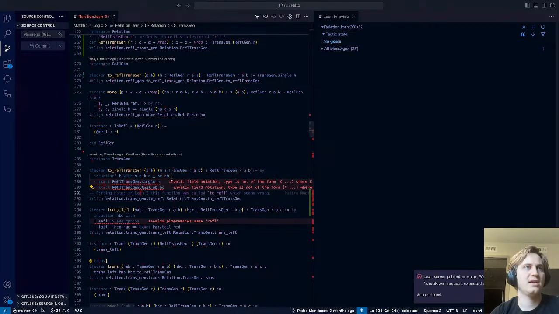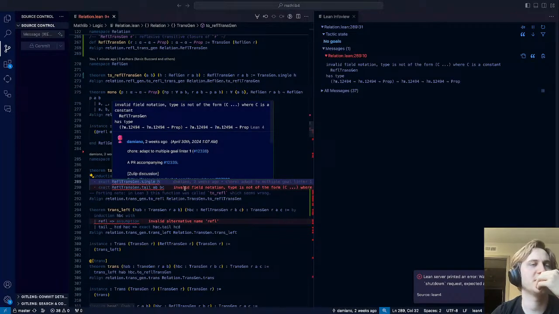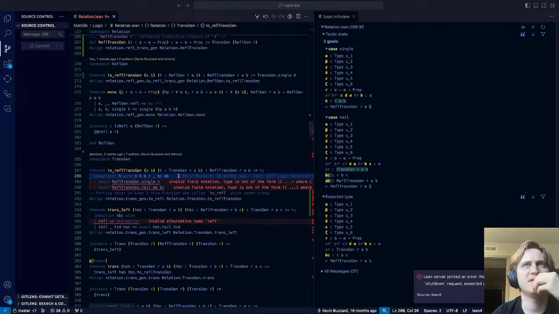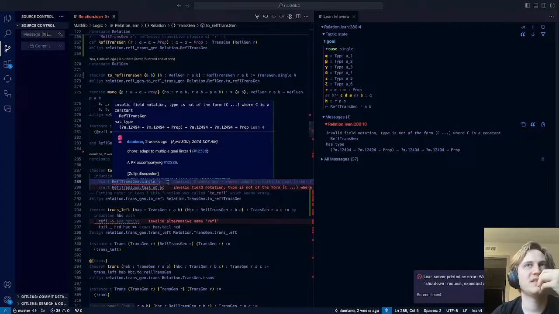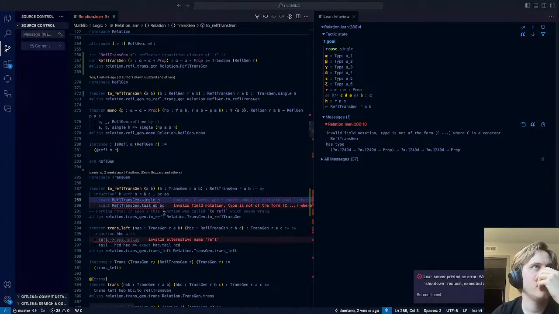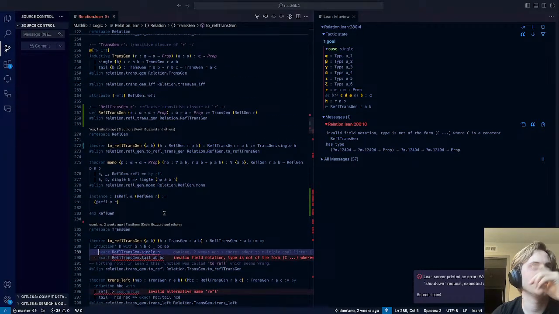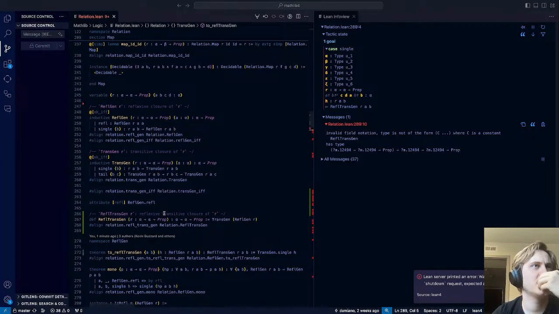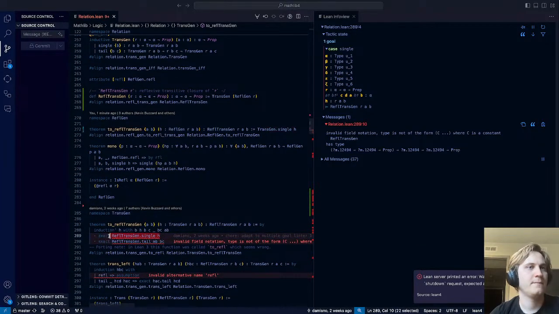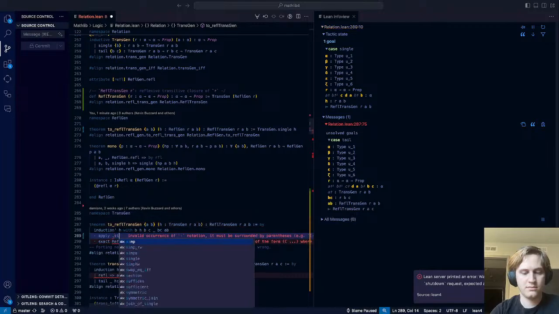More than anything, I just want to keep the same process that I already have. So all of this looks fine. The point is that from RAB, I want to be able to prove this. I now simply have to apply the right constructors, two of them. I need to apply single and then single again. Apply single, dot single.